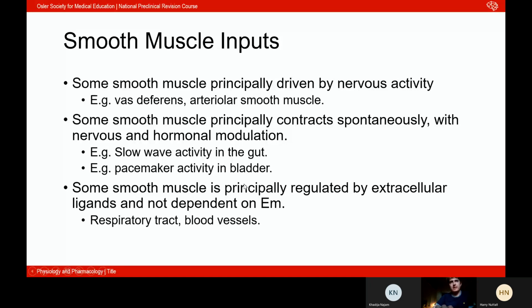And we see the pacemaker activity in the bladder. Some smooth muscle is principally regulated by extracellular ligands, so things like hormones and different bodily factors, and that's not dependent on the membrane potential in the way that something that receives principally nervous innervation would be.